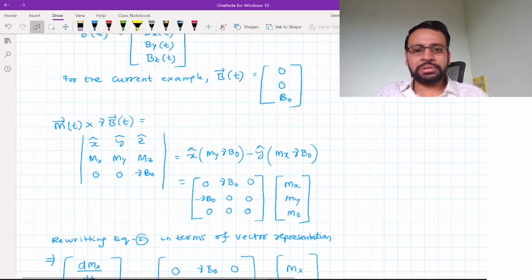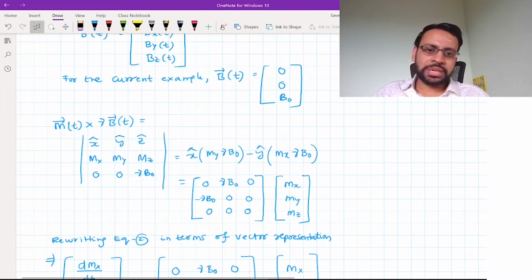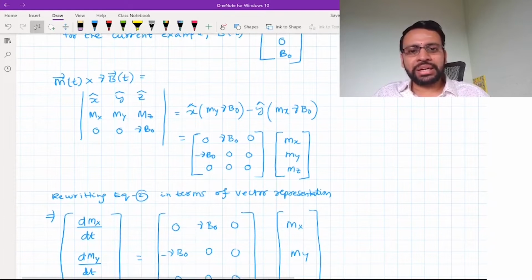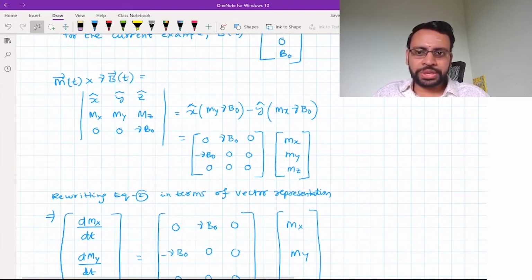And then alternately positive and negative, so minus y bar times, now you ignore the first row and second column, and then take the determinant of the rest. That would give you Mx times gamma times B naught. And then we are rewriting it in a matrix form, where for example you see the first term is My multiplied with gamma times B naught.